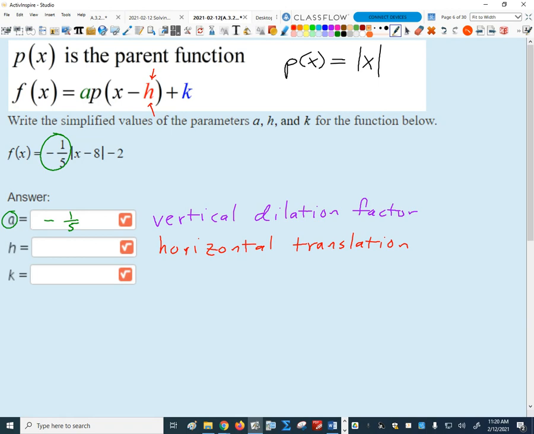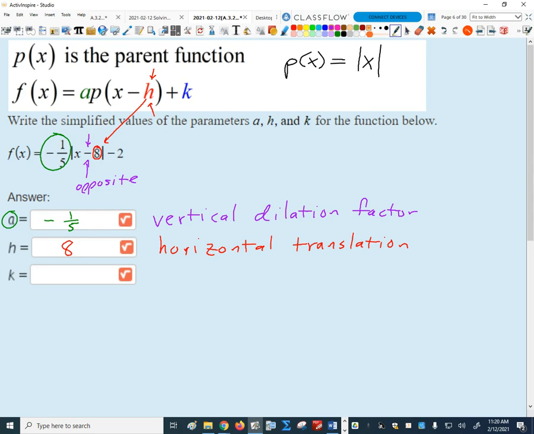Okay. Yeah, it is, right? Because h is the number that's being subtracted from x. And so that's my h. It's equal to 8. Remember that the value of h is always going to be the opposite of whatever that operation is with the x.